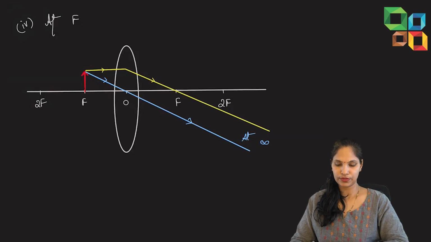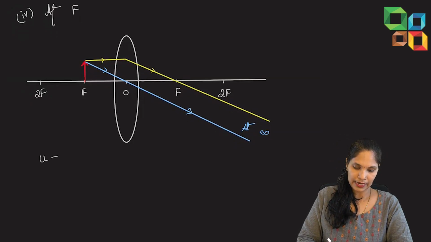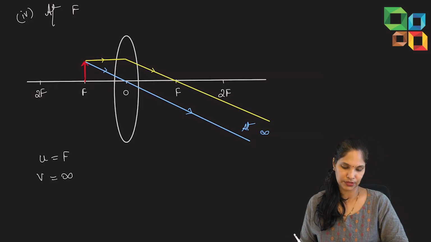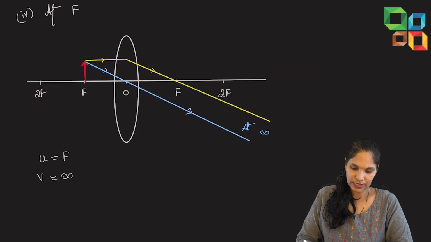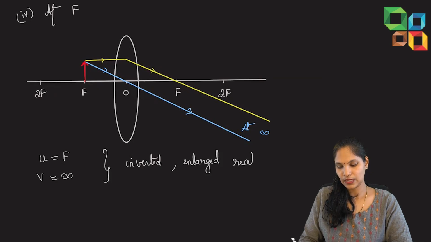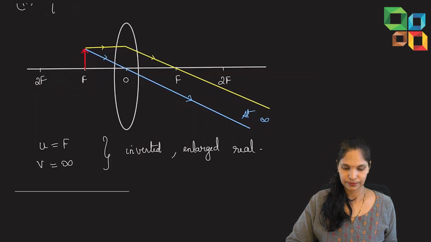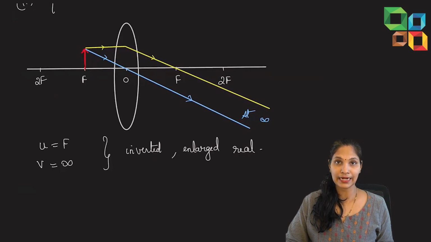They go to infinity. So if you have the object at F, image will be formed at infinity. And obviously you get an inverted, highly enlarged, real image. Highly enlarged real image. So that is what happens at F.